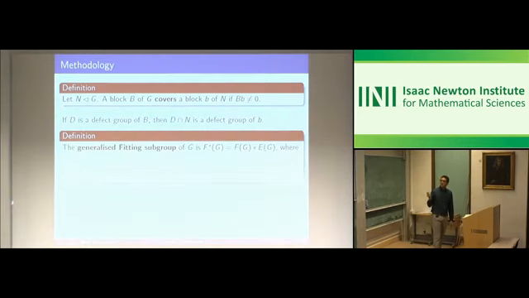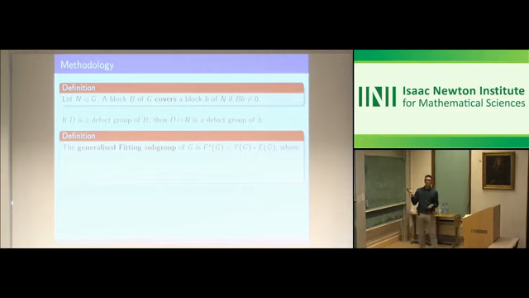The way we pick this smaller normal subgroup is by looking at the generalized Fitting subgroup, which is a very important tool, also used in the proof of the classification. It's the central product of two normal subgroups: the Fitting subgroup, which is the product of the O_p cores for primes dividing the order of the group, and the layer, which is the central product of all components of G, which we've seen before as well, but they are just subnormal quasi-simple subgroups.